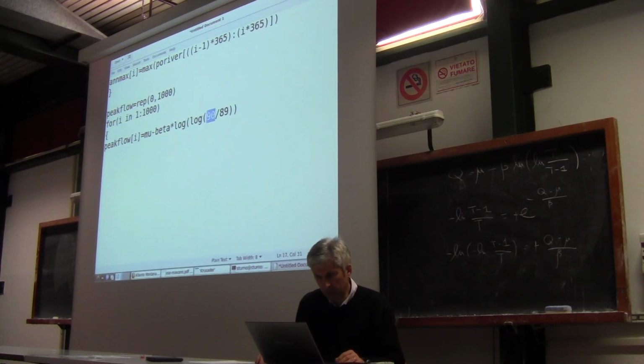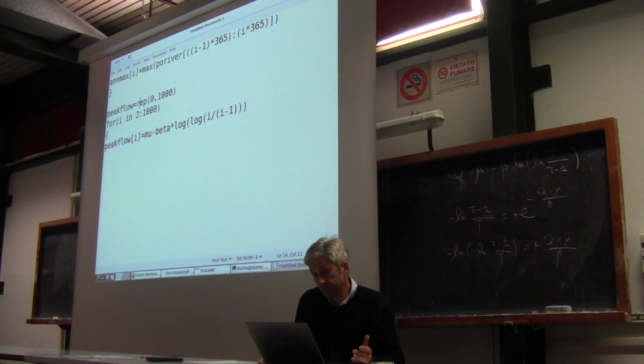If we start from 1, there is a problem, because here there should be i, and here i minus 1. The problem is that if we start from 1, return period of 1 year, we get a 0 at the denominator, which is a problem. So let me start from 2. So the first return period which we can compute is 2 years.